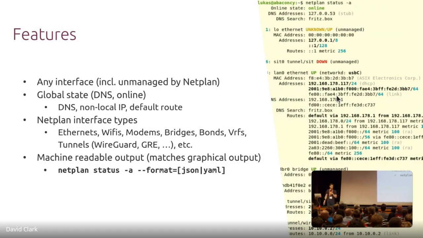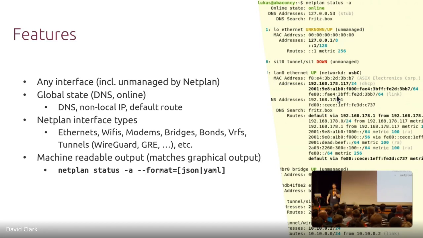Some of the features include that this tool will query all the network interfaces, not just the ones controlled by Netplan directly. It will also show all the information for interfaces that got configured manually by the administrator, or maybe by another networking daemon that is running in parallel. It allows you to query global system information like the fallback DNS servers of the system, in addition to the per-interface data.